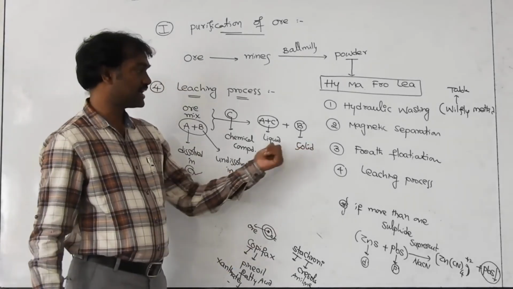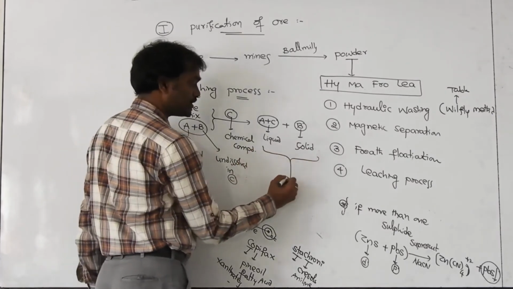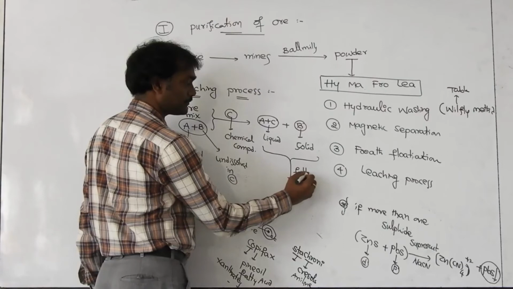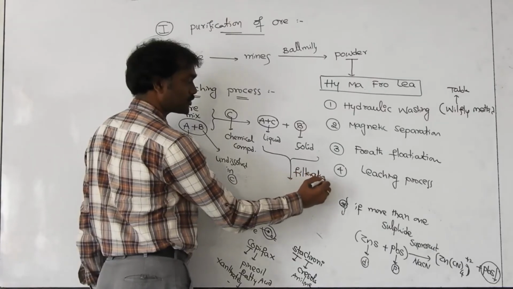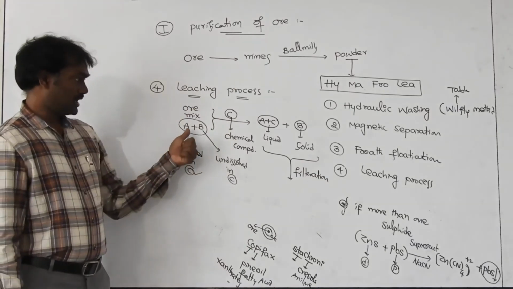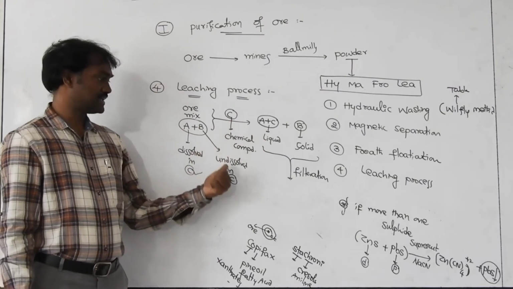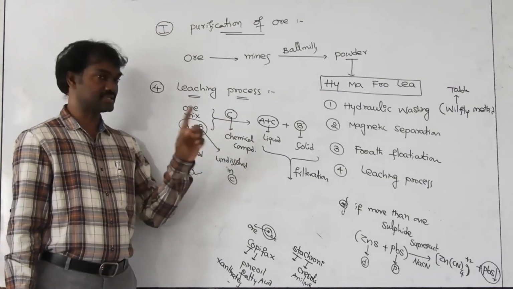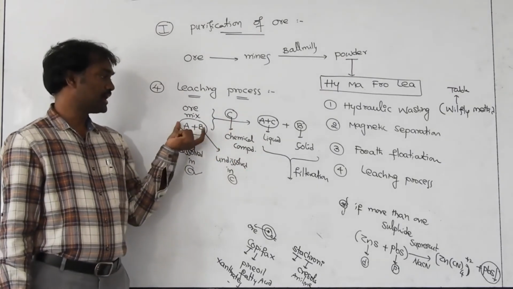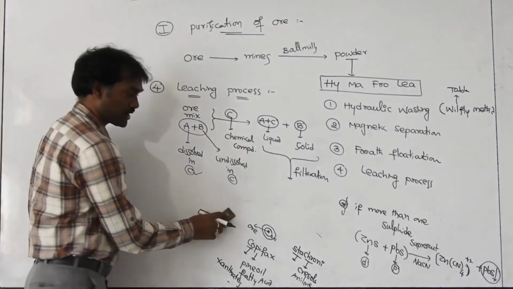One compound is a solid, another is a liquid, so you can easily separate them by filtration. So what does the leaching process mean? One compound is dissolved in one suitable chemical, and another is not dissolved in it. Such ore and impurity mixtures are used in the leaching process.